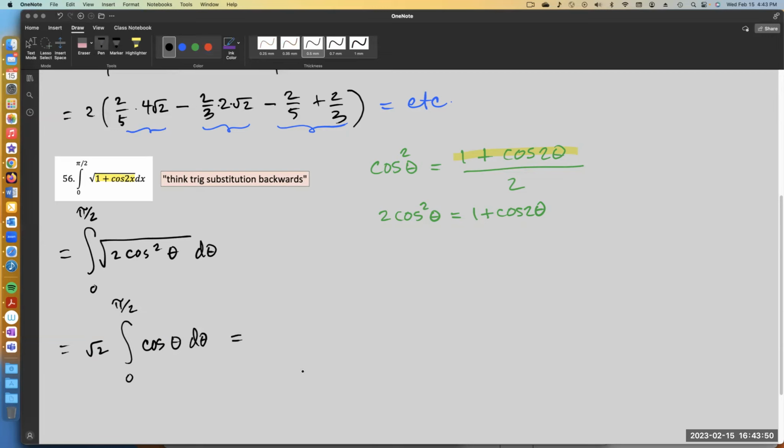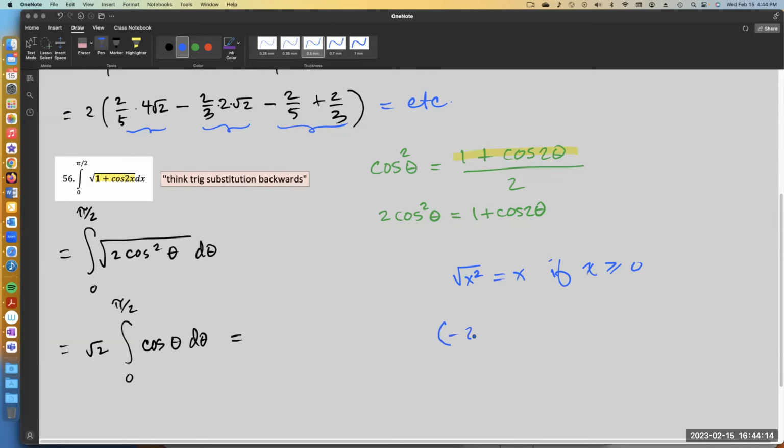Is that always true? In other words, is this always true? No. This is only true if x is greater than or equal to 0.